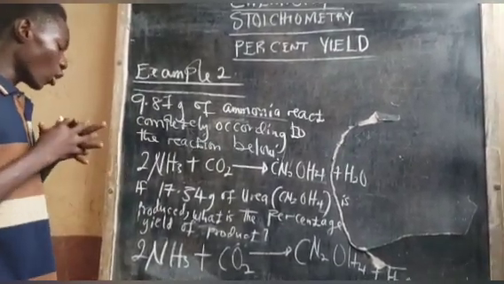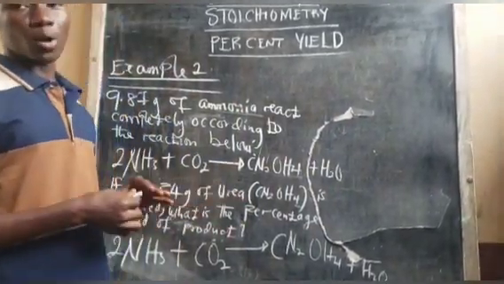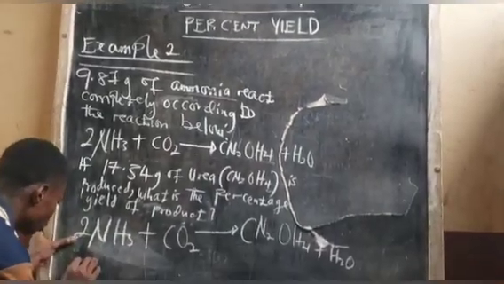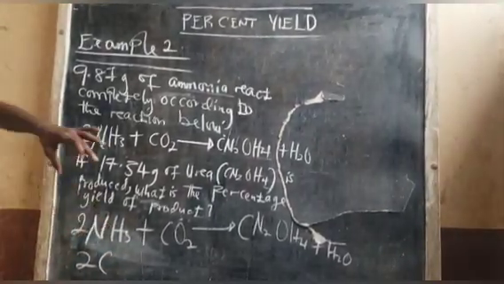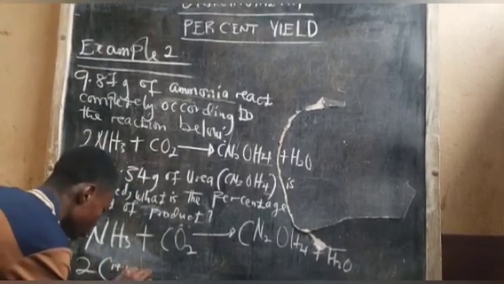Next is to find the reacting masses of each of the compounds. In finding the reacting masses, we multiply the coefficient by the molar mass. The molar mass of ammonia is 17.031.